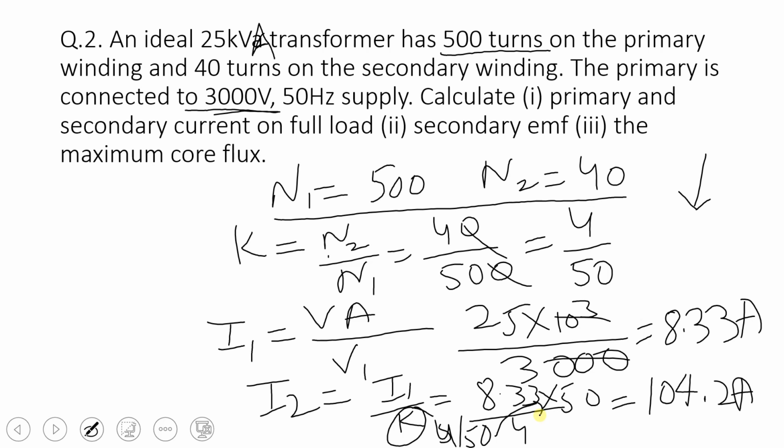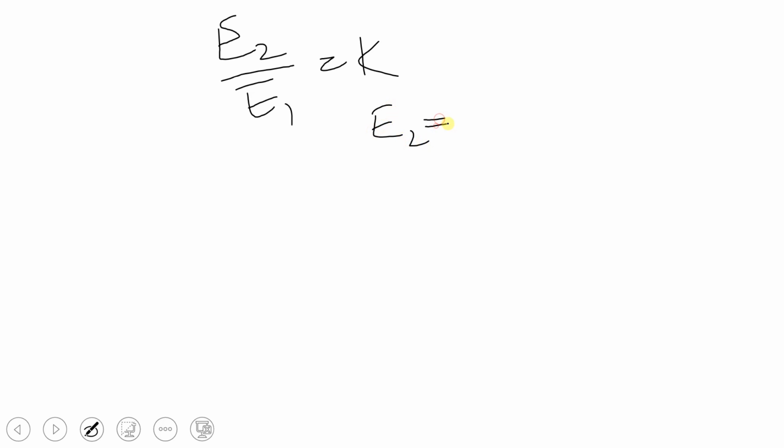Then we have the second part. In the second part we have to find the secondary EMF, meaning the E2 value, and the maximum core flux. For this we know that E2 upon E1 is equal to K, and it can be written as E2 is equal to K E1.